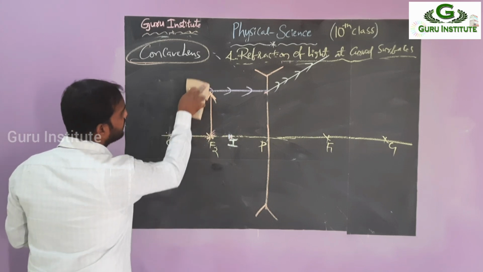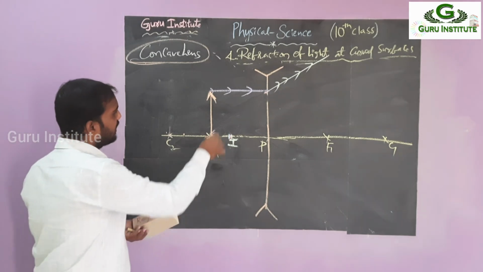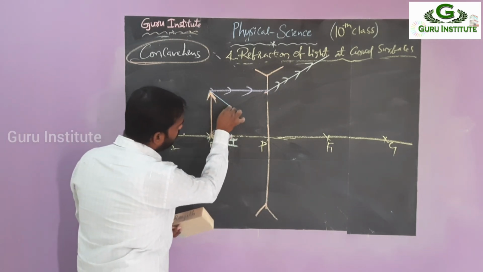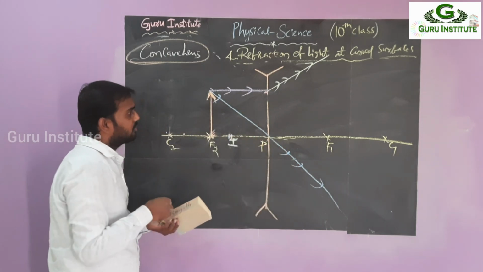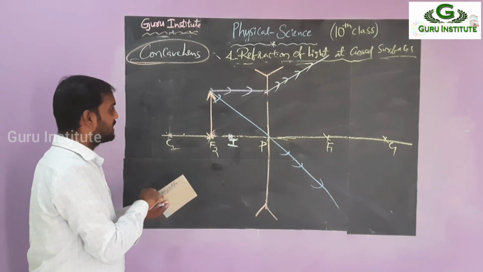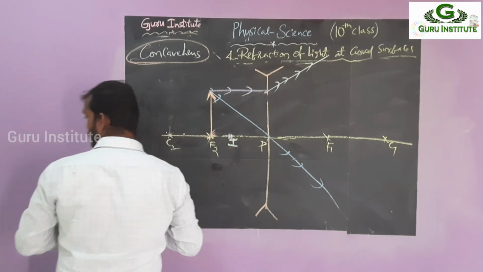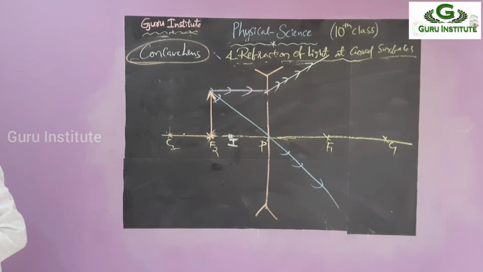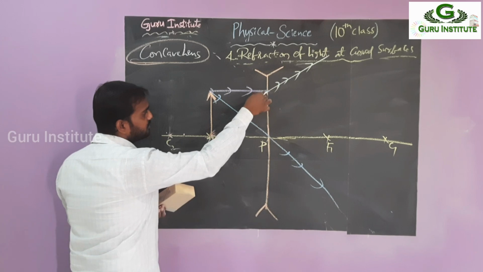So this is the incident ray. It is moving from here. This is the incident ray. So then what is that one? And again passing through pole. Again passing through pole. Then again they don't meet each other. Then again we have to go for extension. Okay, right. We have to take another one, the white chalk piece. So just extend it.